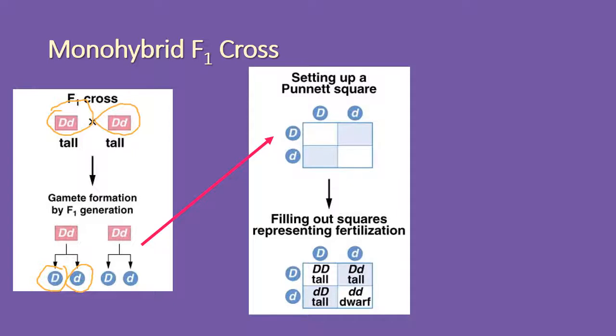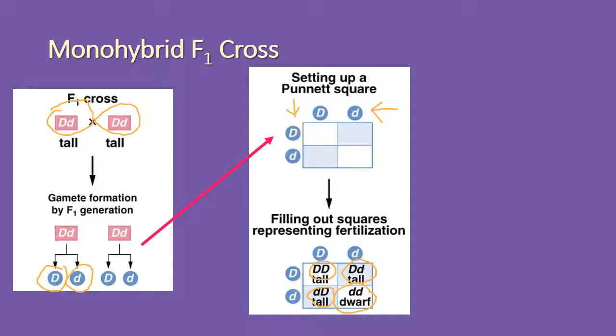So when you create the Punnett square this time, you put big D, little d here, and then big D, little d across here. And then you can see when you fill it in, you have 1 homozygous dominant, you have 2 that are heterozygous but still show the dominant trait, and then you have 1 recessive.